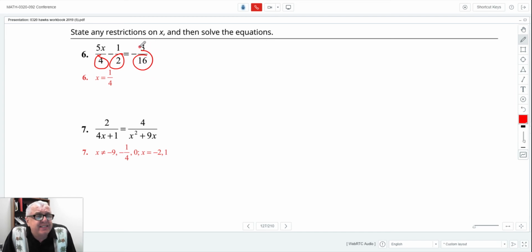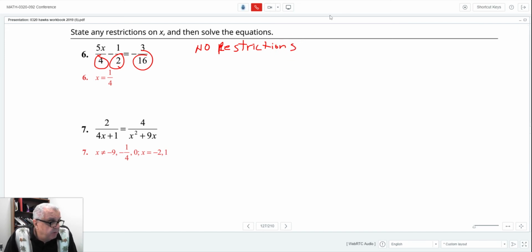There are no x's, so no matter what you plug into x, it can never make the bottom equal 0. So for this problem, there are no restrictions.